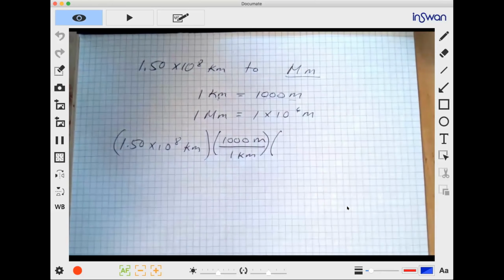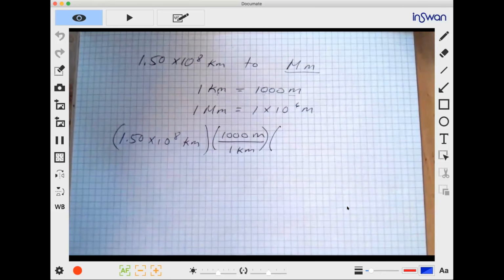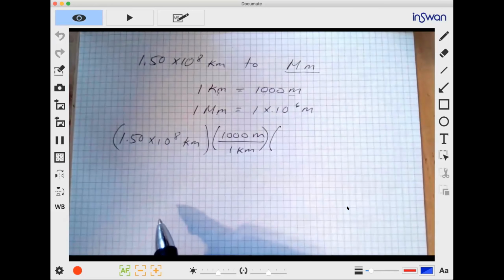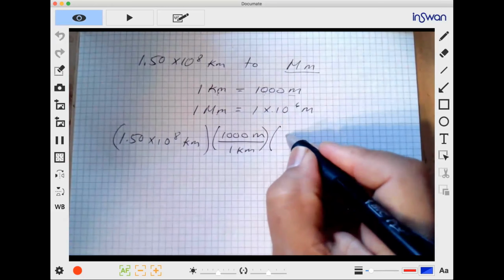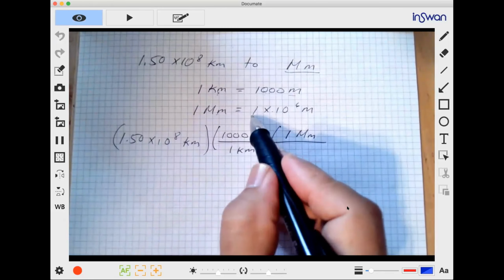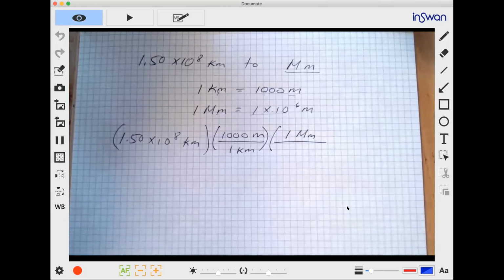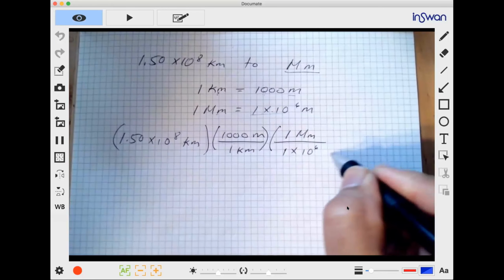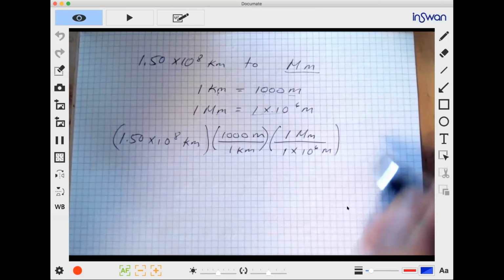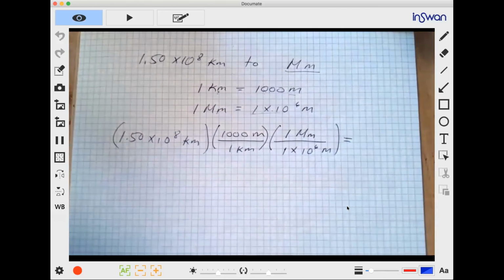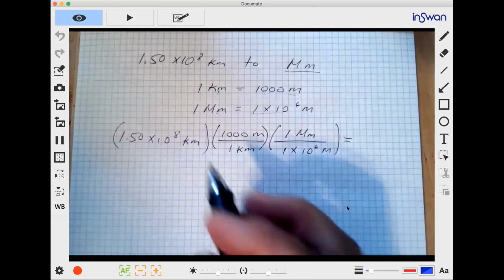I need to add another conversion factor coming from this equality, and I want the units that I want to keep on top. So I'm going to put 1 megameter on top, and on the bottom I'm going to put the equivalent in meters, 1 times 10 to the 6th meters. So many meters in 1 megameter. And now if I carry out the operation, I should have the answer.